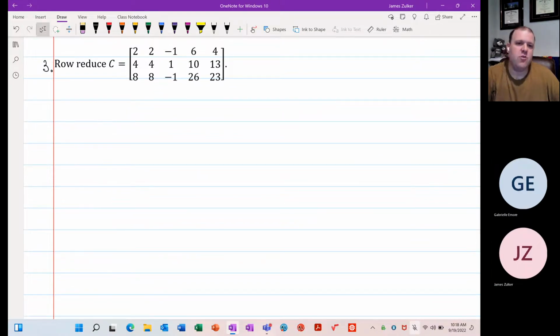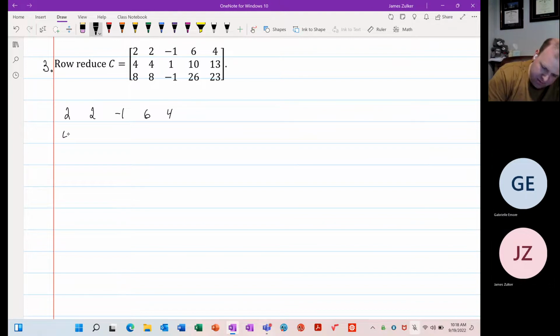Now we want to row reduce this matrix. Row reduce just means put it into RREF form. The matrix rows are 2, 6, 13, then 6, 8, 26, 30.